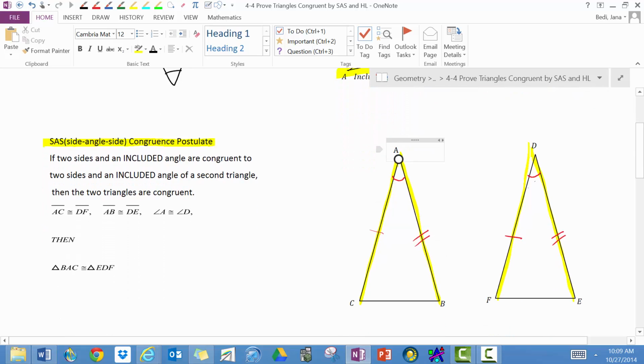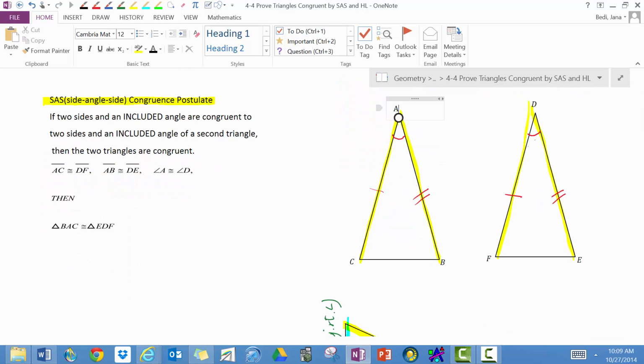So the side angle side postulate says if two sides and an included angle are congruent to two sides and included angle of a second triangle, then the two triangles are congruent. So here you're given that side AC is congruent to side DF, side AB is congruent to side DE, and angle A is congruent to angle D, and they're both included angles.